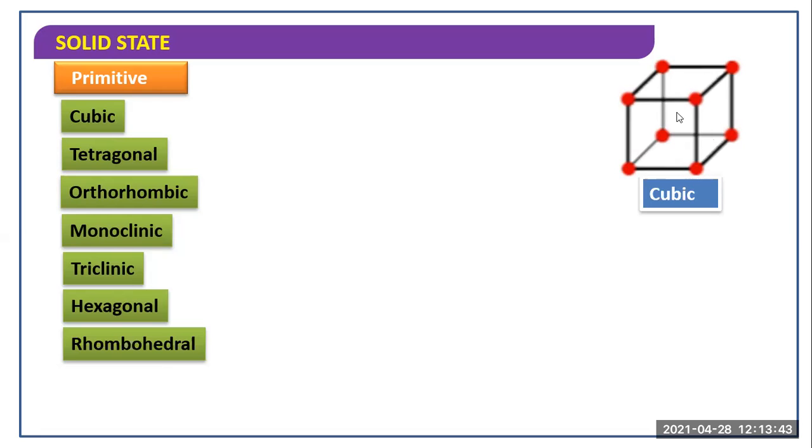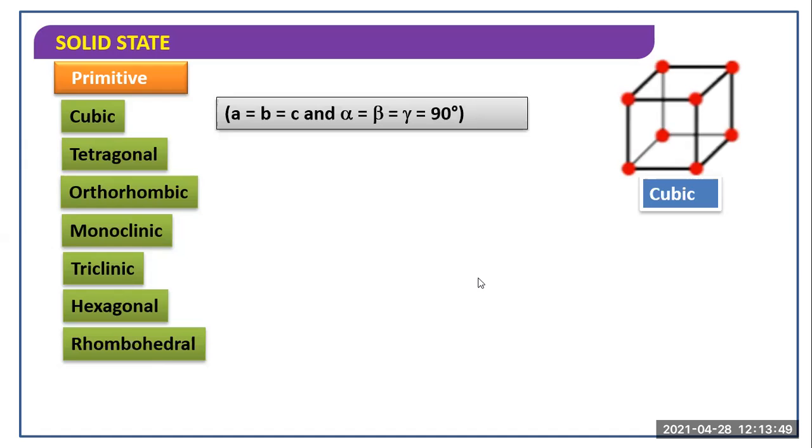There is a 8 corner, so it is primitive unit cell. And for cubic unit cell the edge length, all edge length, that is A, B and C, all are equal, and angle, all angle is 90 degree with A to B to C.